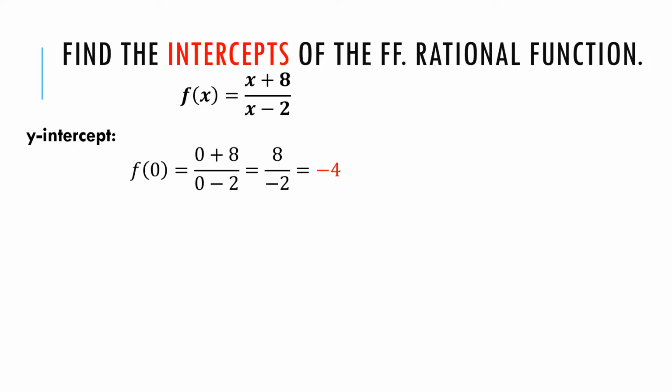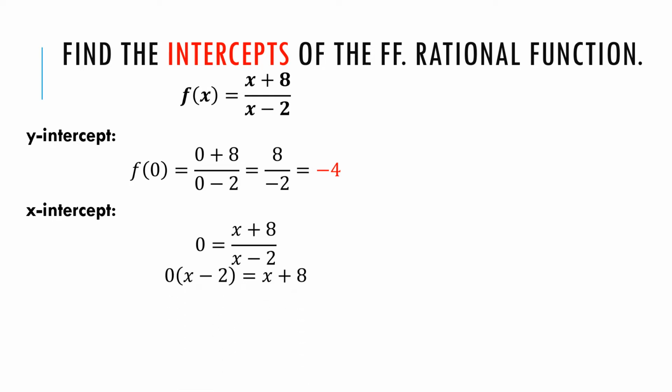Next, let's have the x-intercept. Again, kung hahanapin ang x-intercept, gagawing 0 ang lahat ng y or f of x. So, meron tayong 0 is equal to x plus 8 all over x minus 2. Once substitute na natin ang 0 sa f of x or y, let's solve for the value of x para mahanap ang x-intercept.